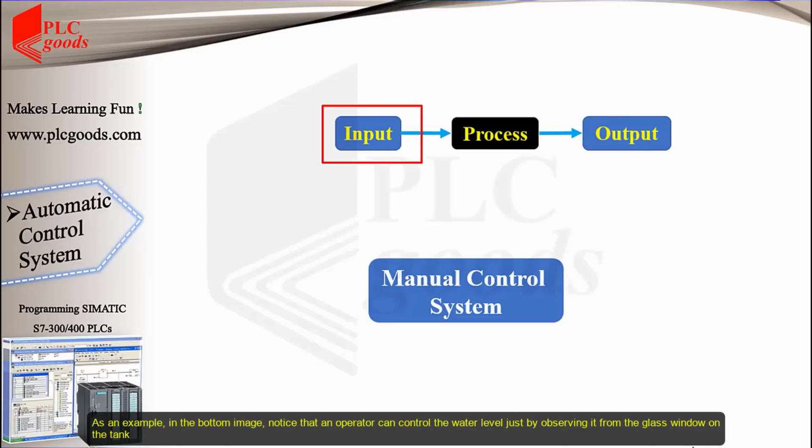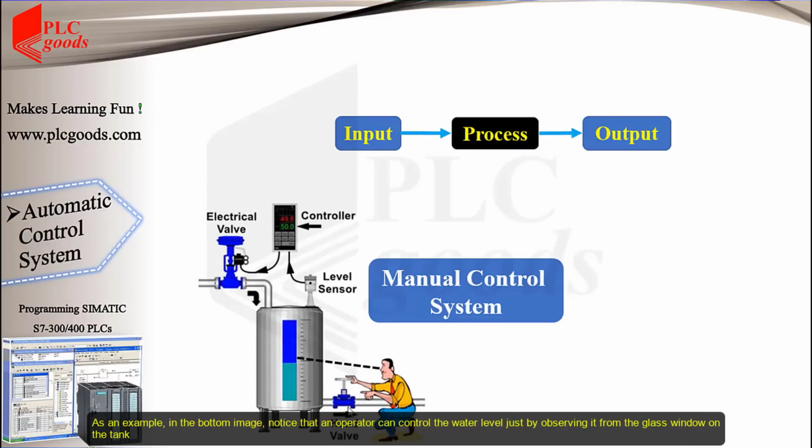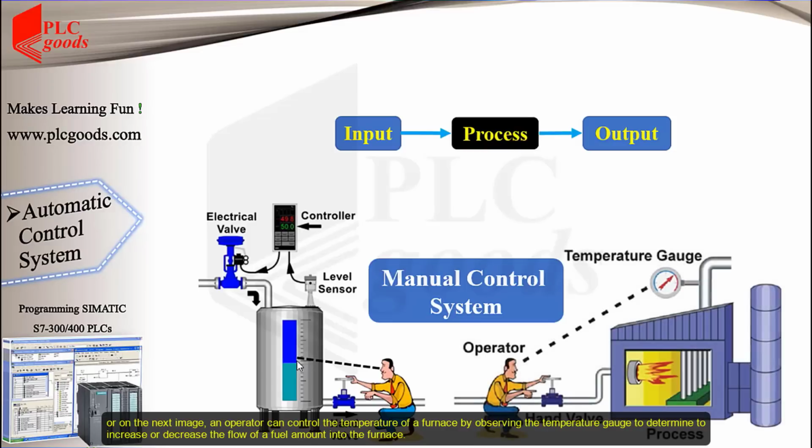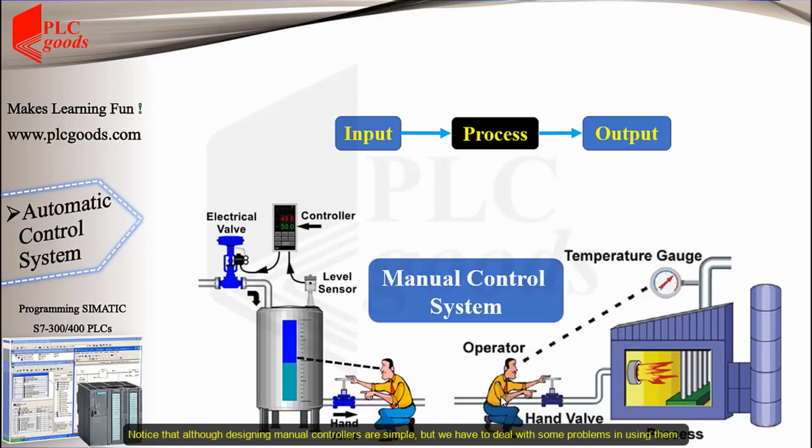As an example, in the bottom image, notice that an operator can control the water level just by observing it from the glass window on the tank, or in the next image, an operator can control the temperature of a furnace by observing the temperature gauge to determine whether to increase or decrease the flow of fuel into the furnace.